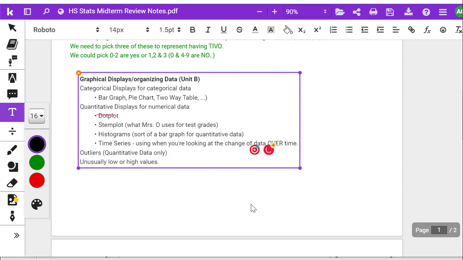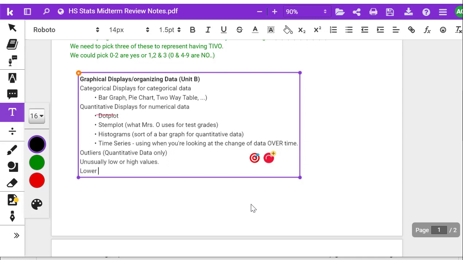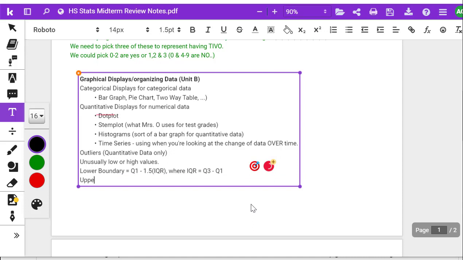The formula to find it, lower boundary equals Q1 minus 1.5 times IQR, right? And where IQR is equal to Q3 minus Q1. Upper boundary.